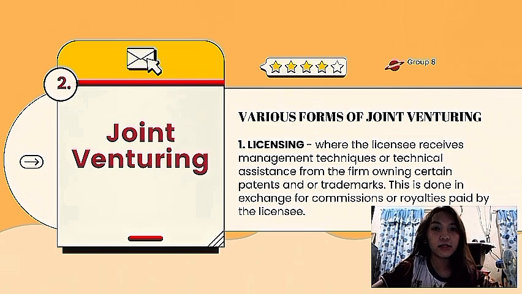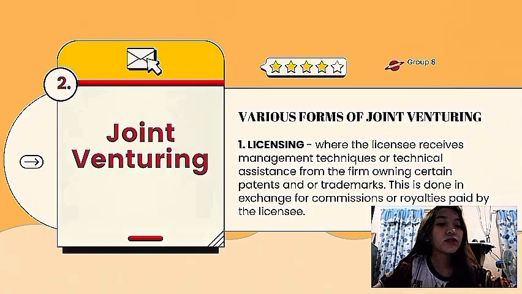Licensing allows companies to enter foreign markets with minimal investment and risk. Licensing is when a company gives permission to a foreign business or government to use its patents, trademarks, or proprietary technology in exchange for royalties or fees.